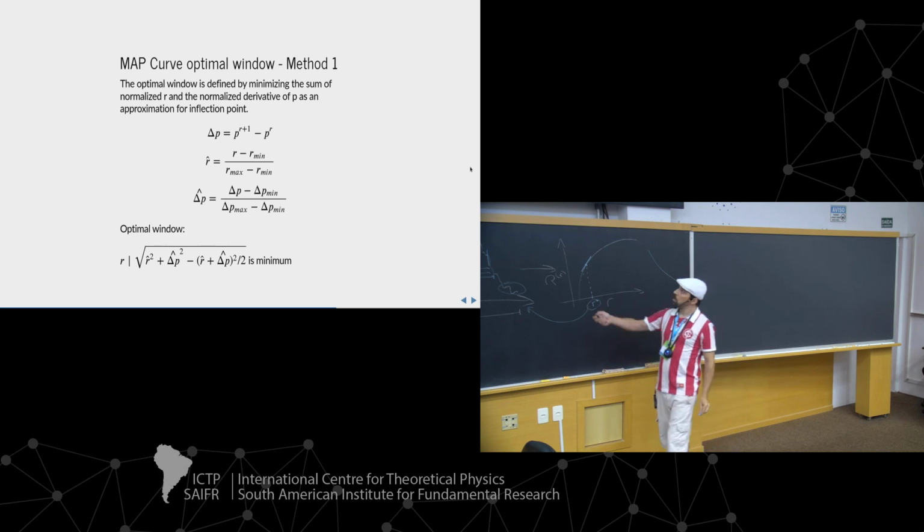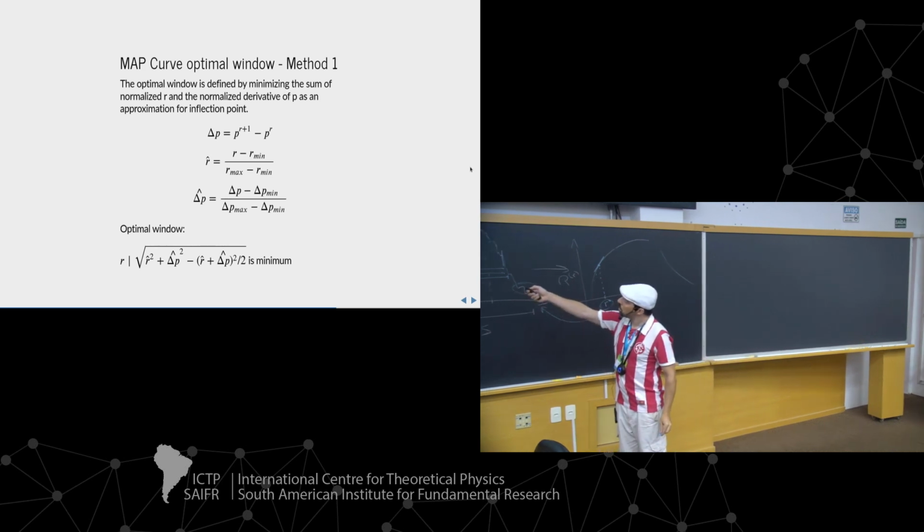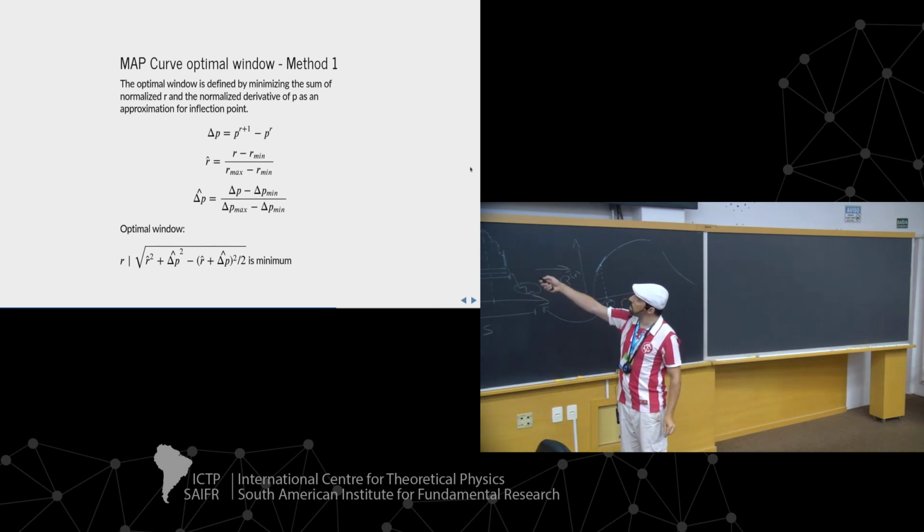So if I minimize a function that is a mixture of R and the variation of the map curve, on the one hand, as R increases, R hat increases, but the difference in map curve decreases.